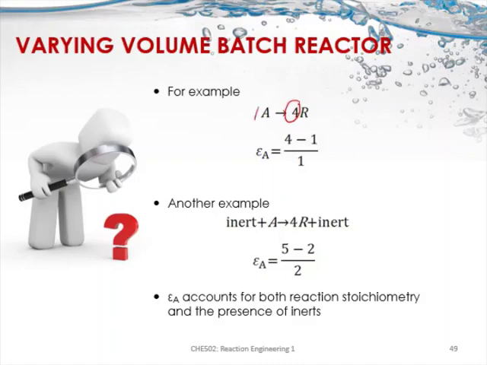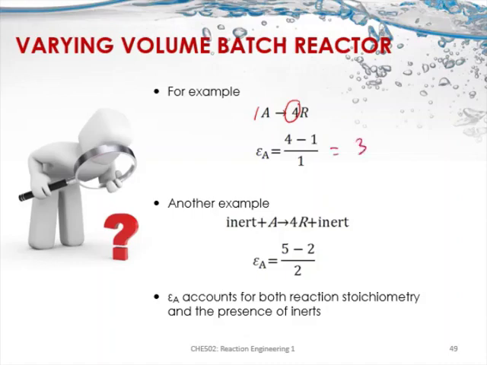Because the number of moles is equivalent to the Avogadro number, it can be represented as the volume. So for complete conversion, you have 4 moles of R. Initially you have only 1 mole, so 4 minus 1 divided by 1, so epsilon is equal to 3.